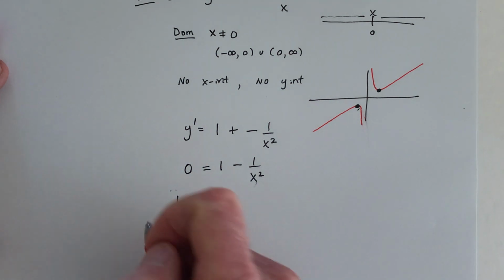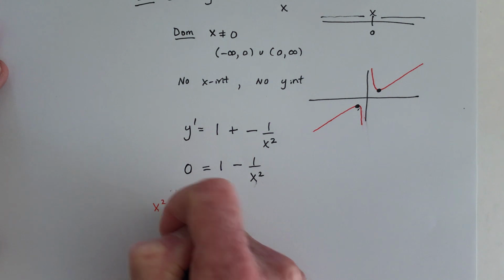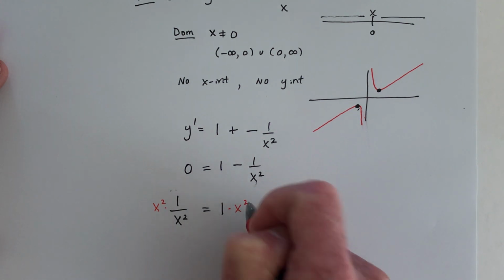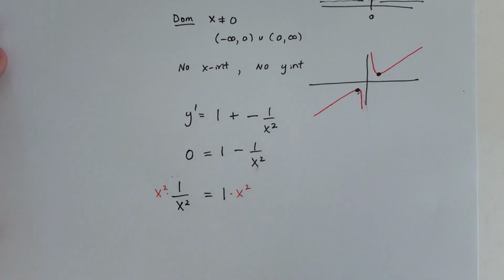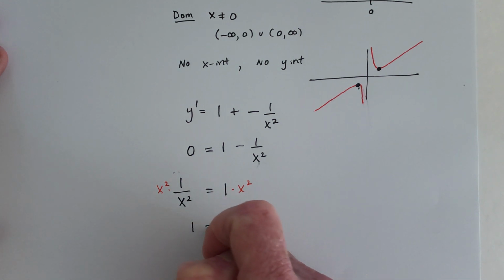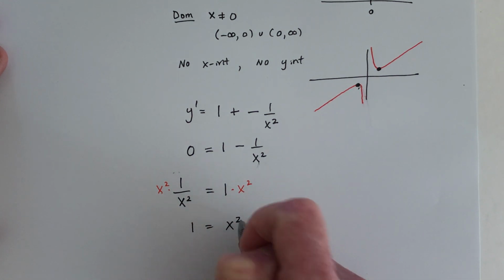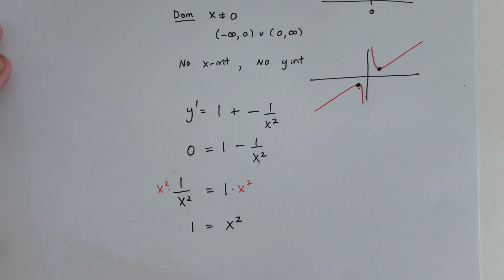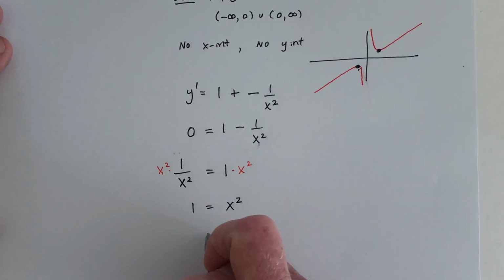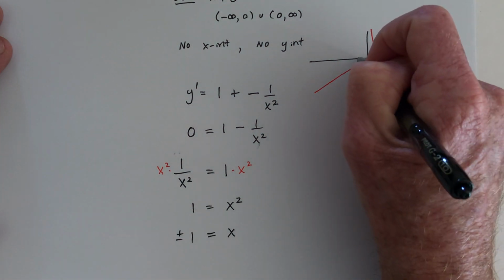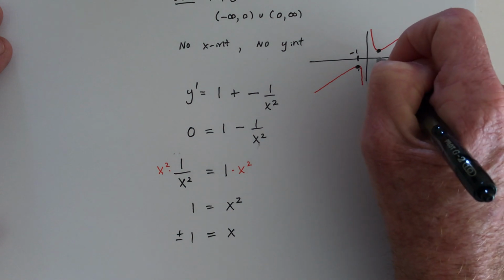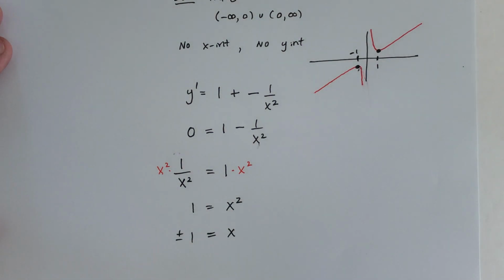And then to clear out this fraction, I would multiply both sides by x squared. On the left side, it would only leave 1, and on the right side, it would only leave x squared. And when you take the square root of both sides, it's going to be the square root of 1, but you do need to put the plus and minus 1. So this must be x equals negative 1, and this must be x equals positive 1.